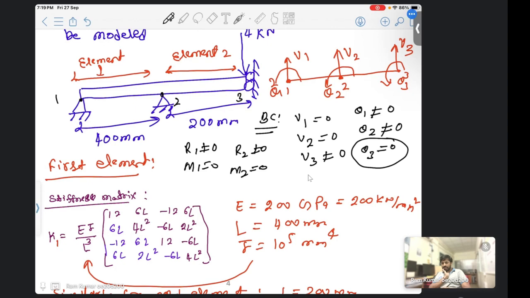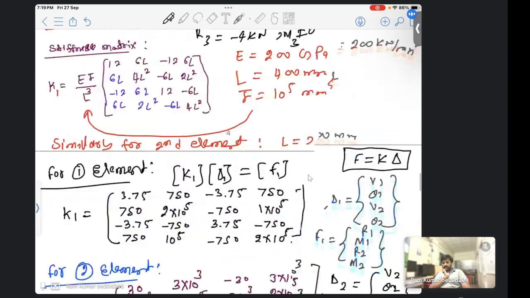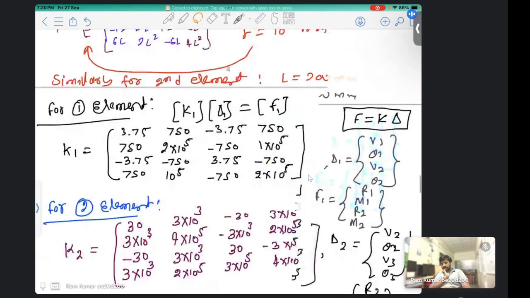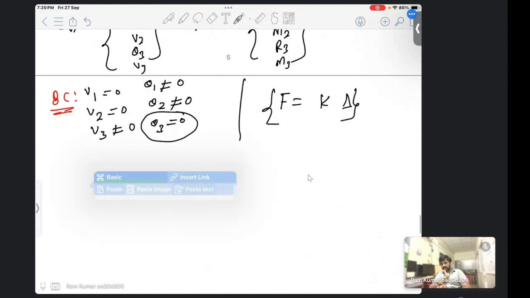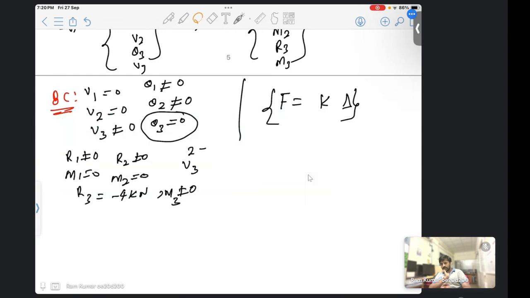Then R3 will be minus 4 kilonewton and M will not be equal to 0, it will be M3. So now these boundary conditions again we have to take care of here. So we will copy this one here. These are the boundary conditions that we have to remember.